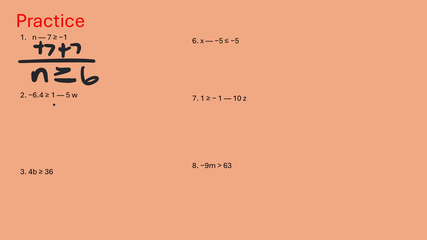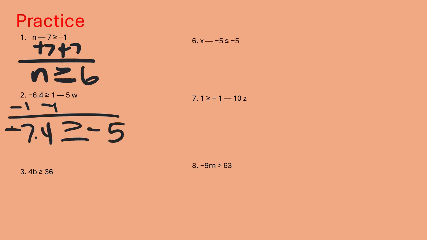Is that 1 positive or negative? Positive. So what's the inverse? Negative 1 on both sides. So what's negative 6.4 minus 1? Negative 7.4 is greater than or equal to negative 5w.